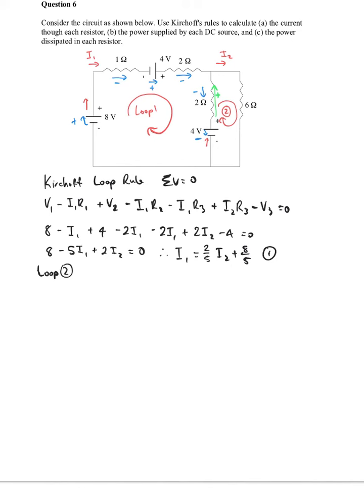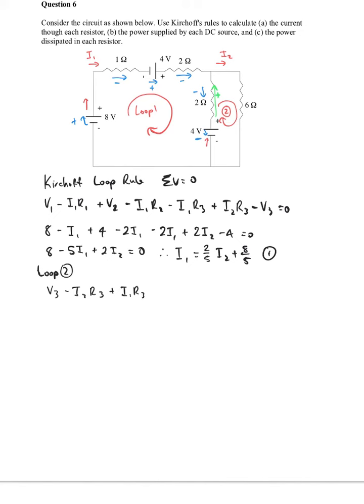If we look at the second loop, we're going to get V3 as a positive voltage. We're going to get a voltage drop of I2 R3. We're going to get a voltage gain coming back from loop 1, in the same way that we got it in the first loop, I1 R3.